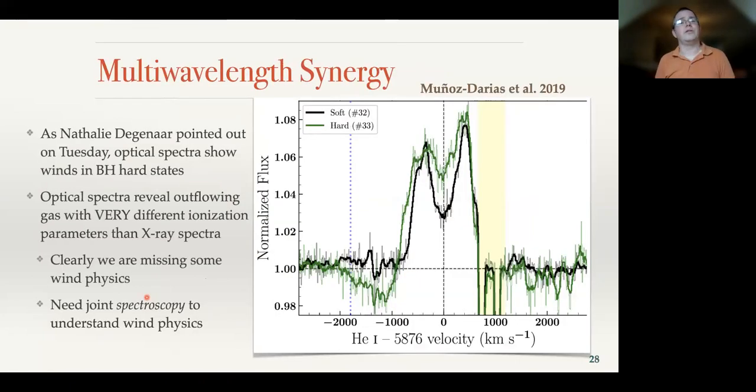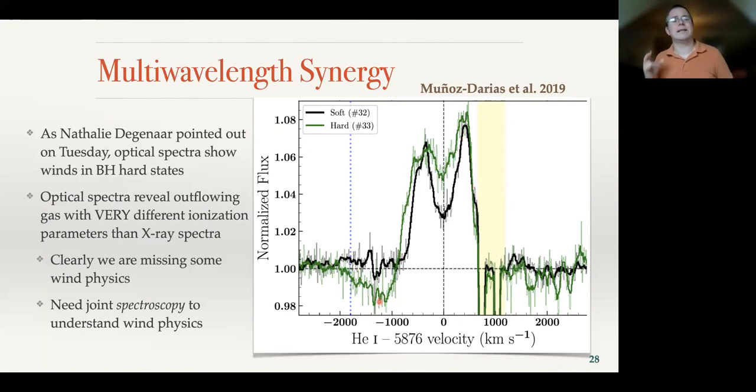There are a couple of things that we can do. Natalie mentioned this, and Teo Munoz-Darias has been doing a lot of work on this in the last few years. Optical and infrared spectra do show winds in black hole hard states. Here's a P Cygni profile in a hard state that Teo Munoz-Darias observed in V404 Cyg.